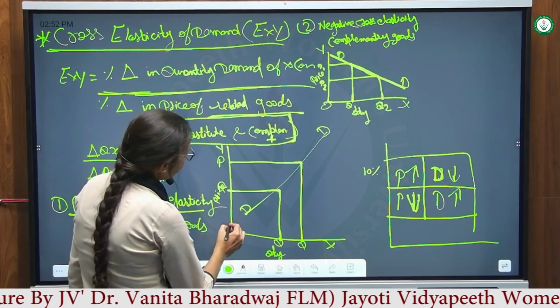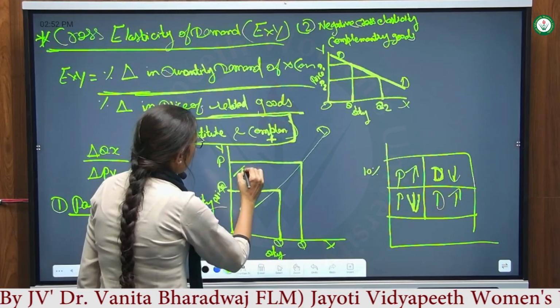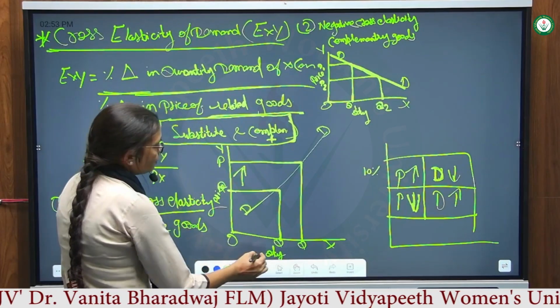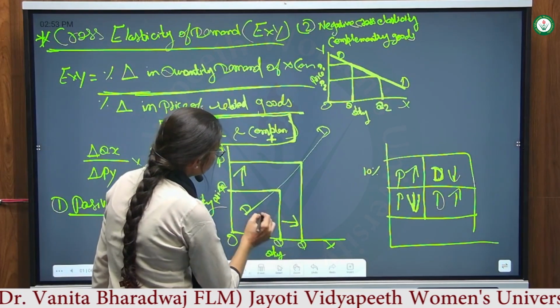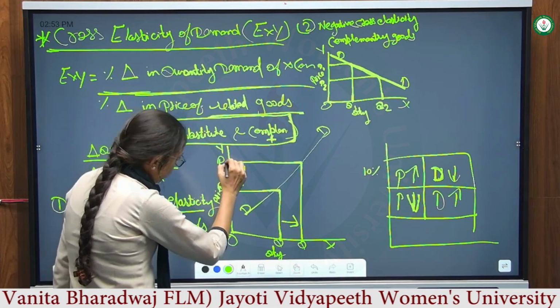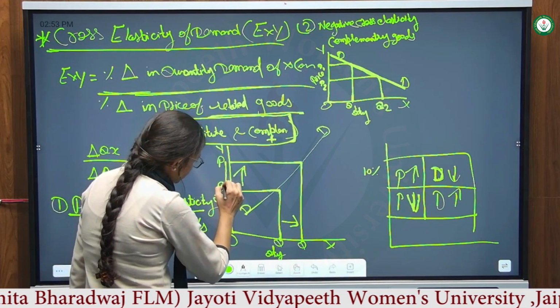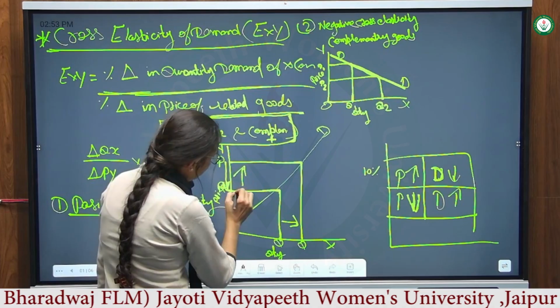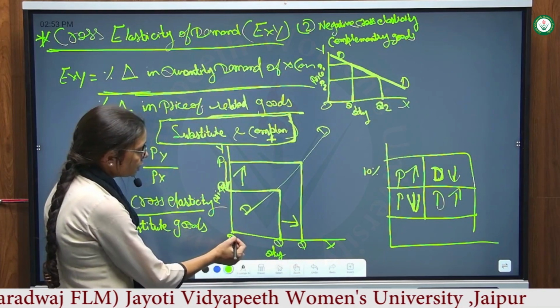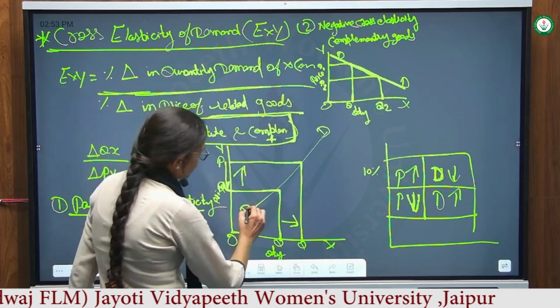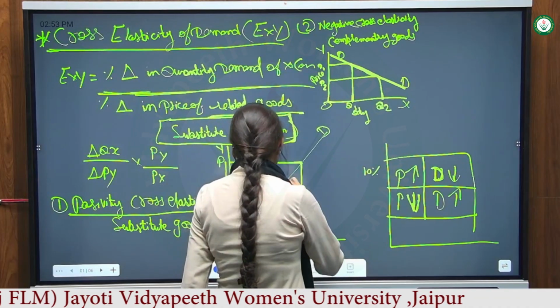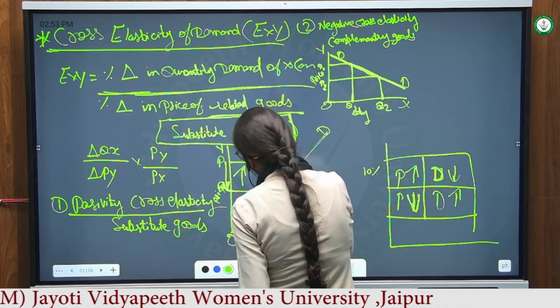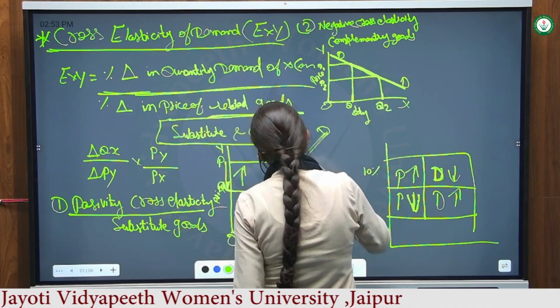When the price of tea goes up, coffee is cheaper for us. When the price of coffee goes down, we shift from coffee to tea, because tea is then cheaper. There is a positive relationship: if the price of one commodity increases, the demand for the other commodity increases.